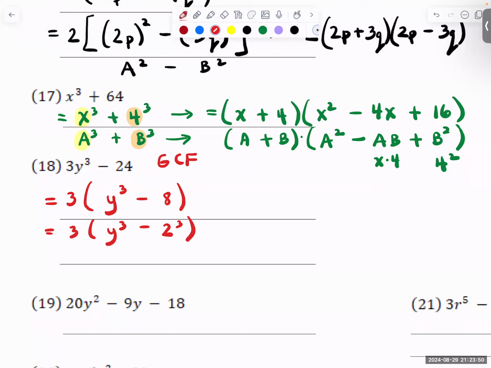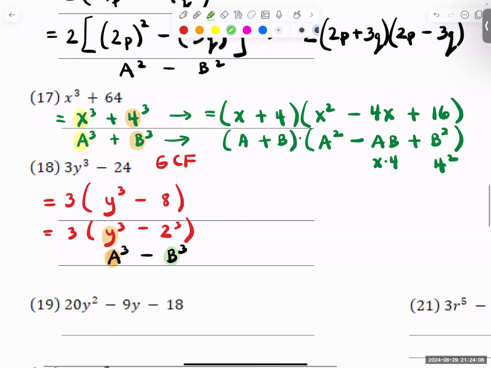And then use the factoring formula for the difference of 2 cubes, a cubed minus b cubed, where a is y and b is 2.